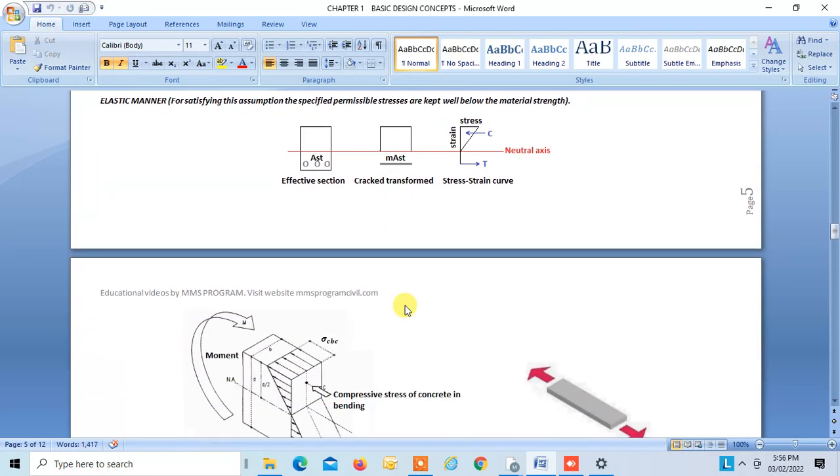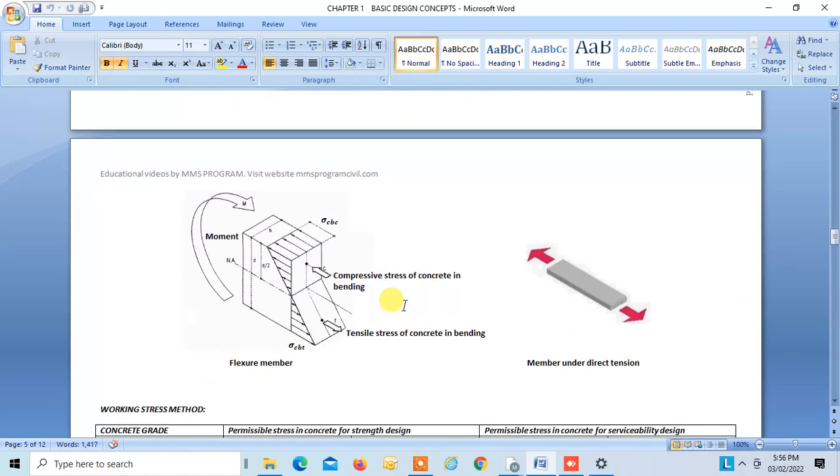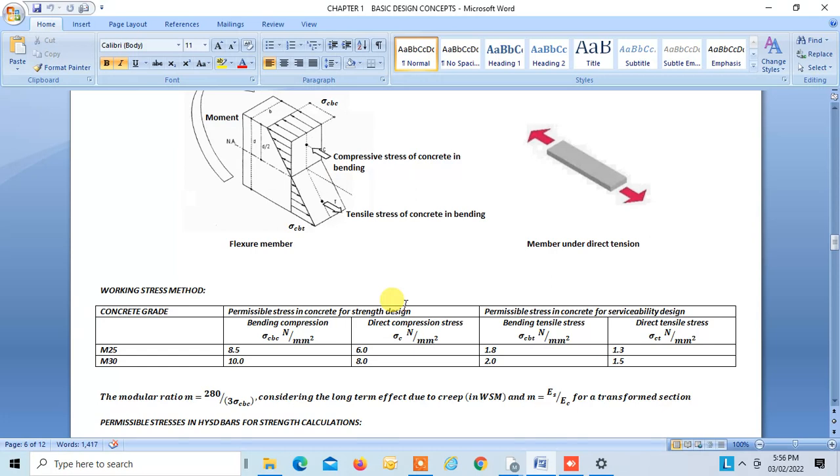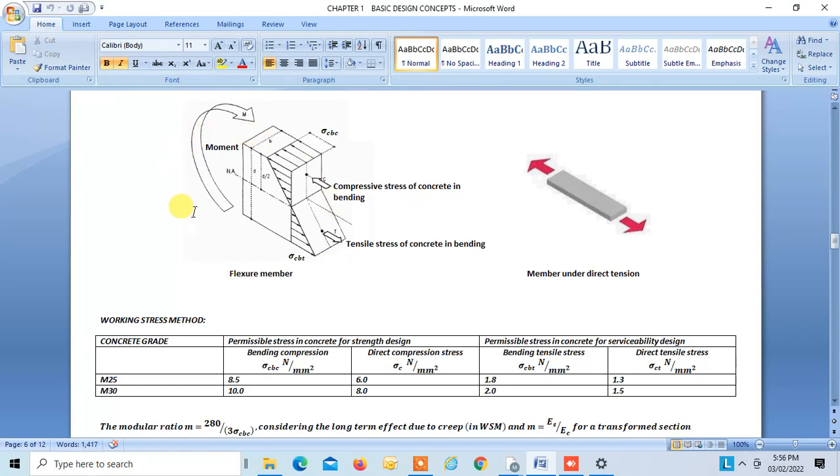So for doing the check for serviceability, you will use the permissible stresses that are given in case of working stress method. Say if you want to do the check for deflection for this beam. This is compressive strength of concrete in bending, this is tensile strength of concrete in bending, this is sigma cbc, this is sigma cbt. And say this is a beam in direct tension.